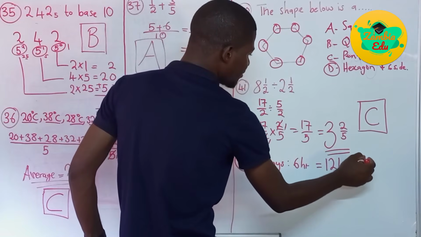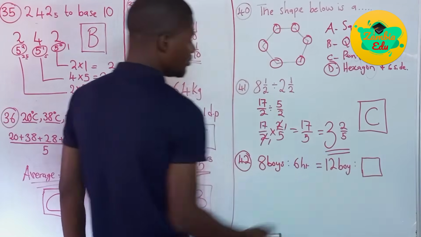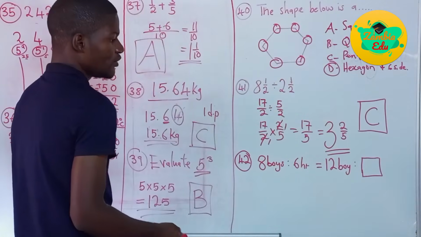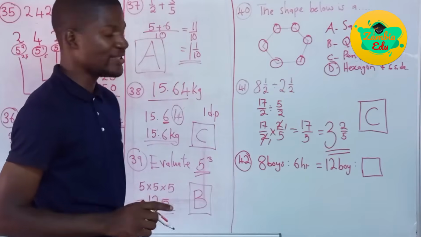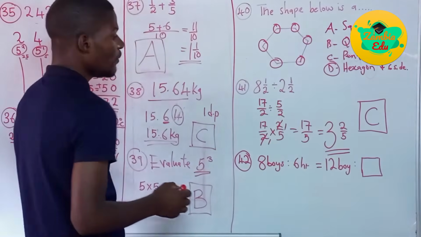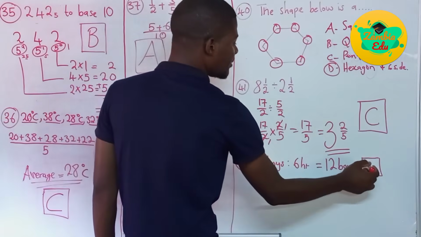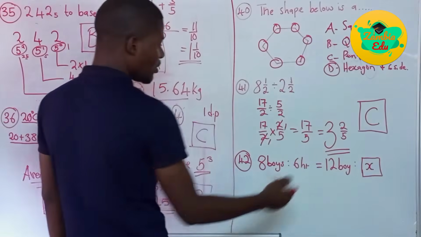We don't know how many hours it will take. That's what we want to find. This is indirect proportion. So let's represent that box with x.